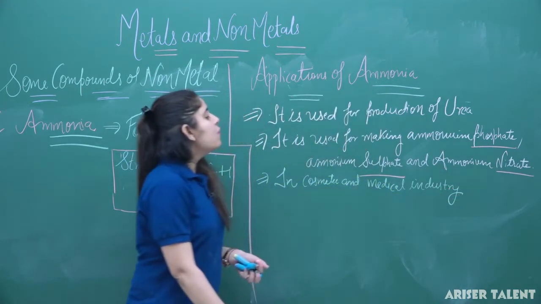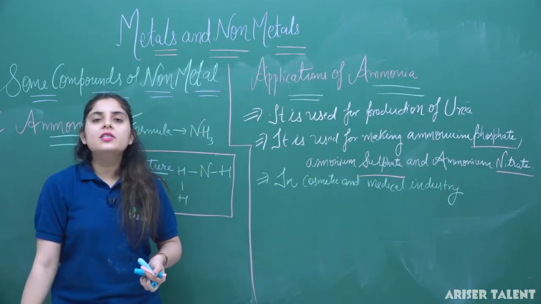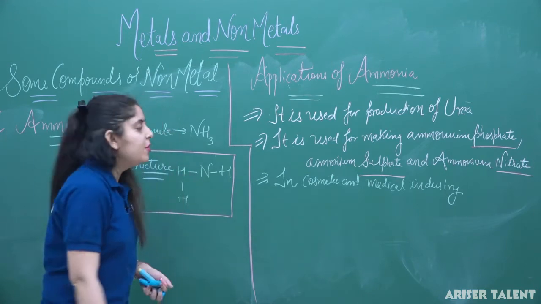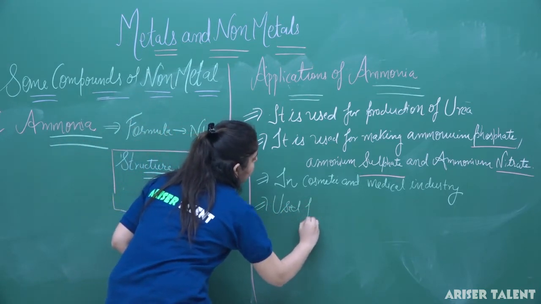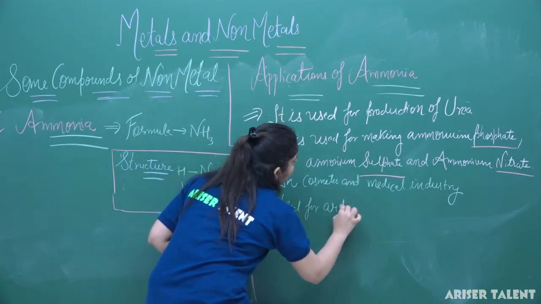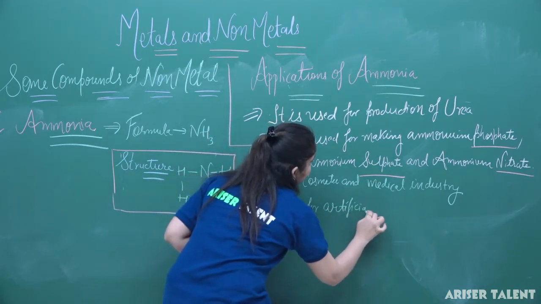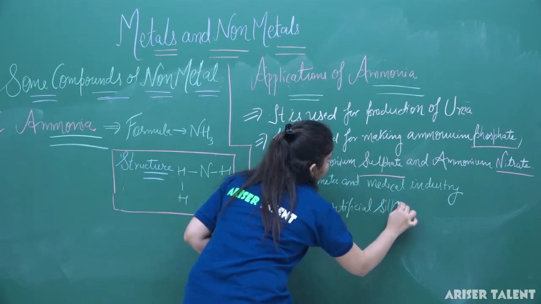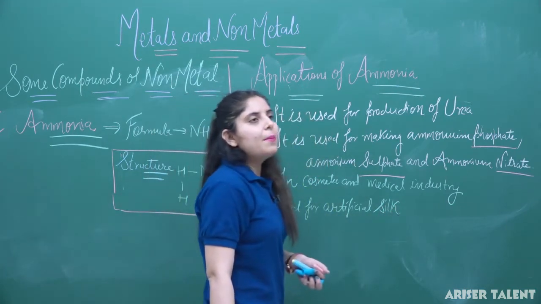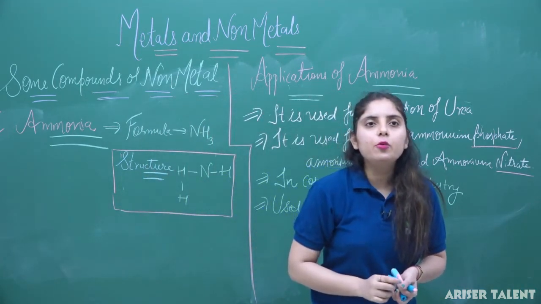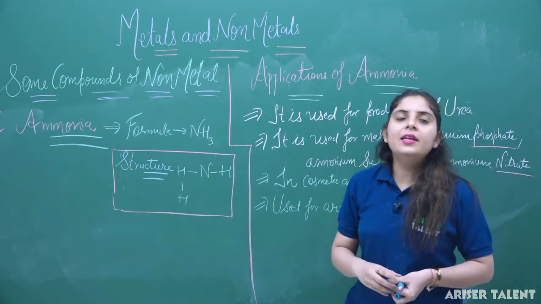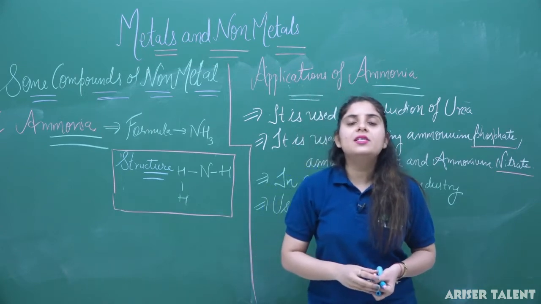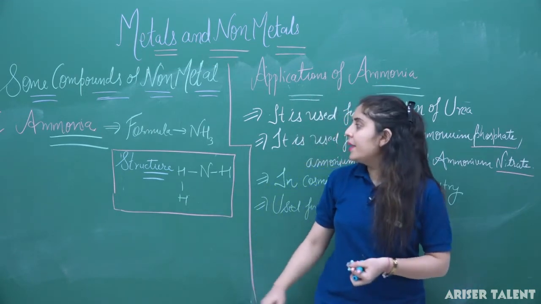Another application of ammonia is the preparation of artificial silk. So, these are the general applications of ammonia in our day-to-day life: it is used for making fertilizers and urea, and it is also used in some industries for different applications.